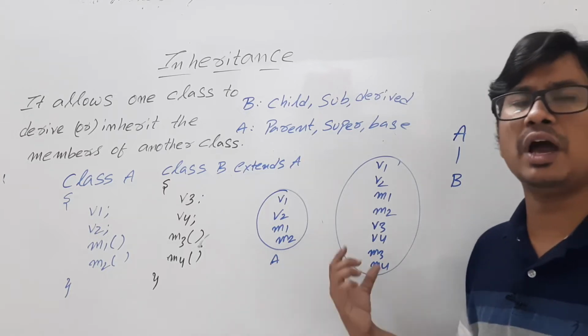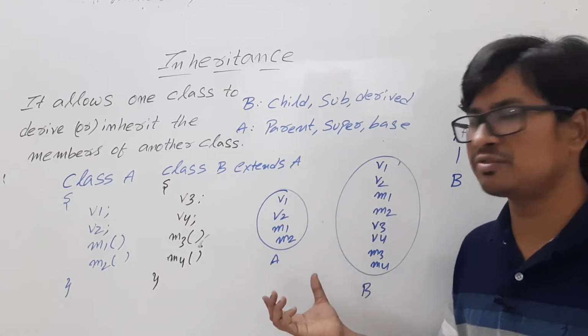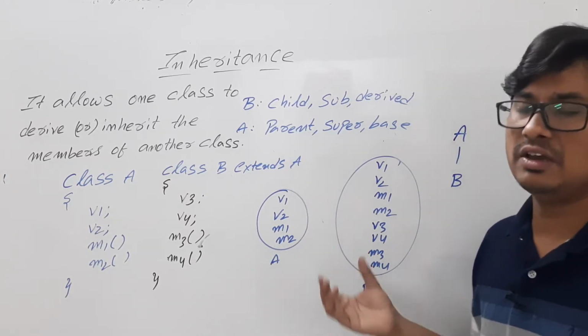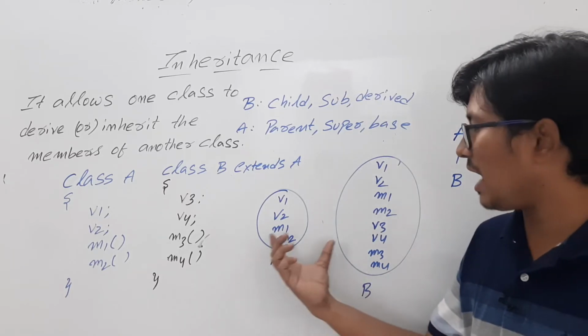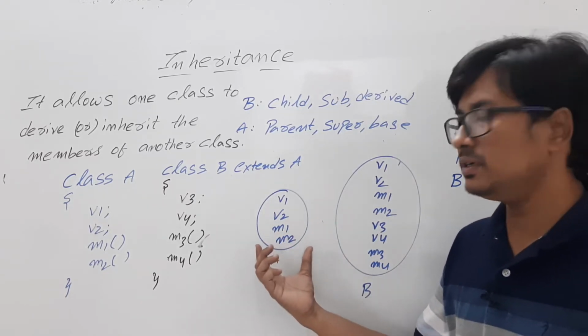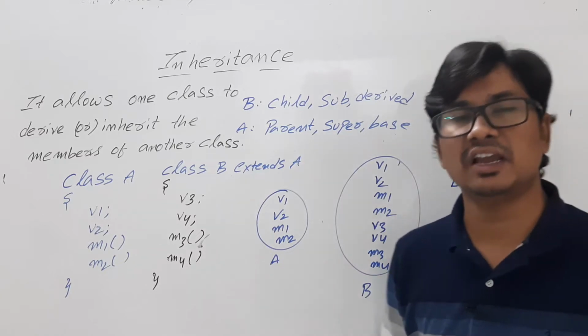You need not have multiple objects for the parent class and child class. With the help of the child class, you can access the members of the parent class and the child class also.